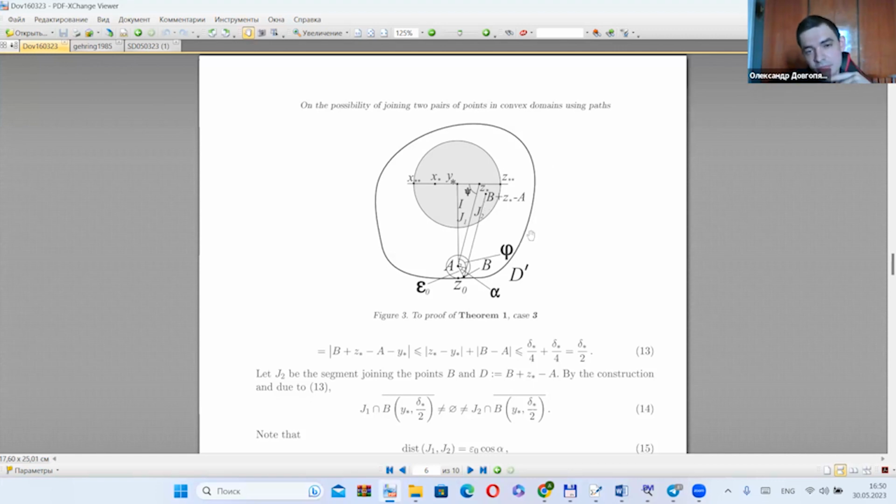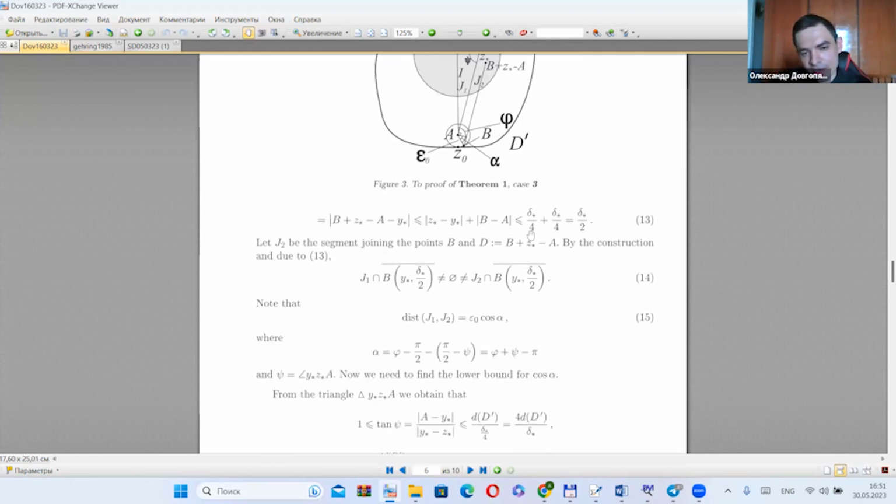We need to estimate the distance between such segments again, and we can do it using geometry and properties of trigonometric functions again. I will show you only the final result for the last case.